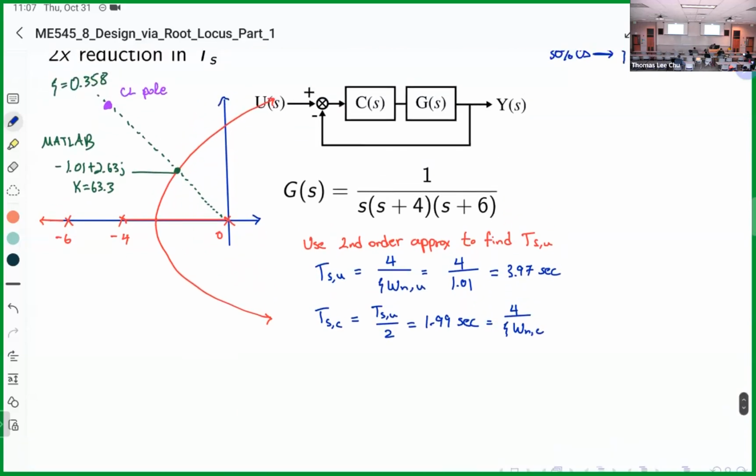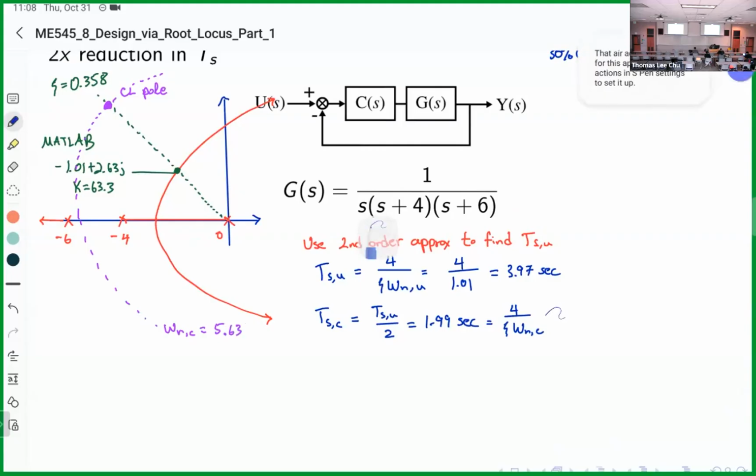And basically, to draw out this radius here is where our natural frequency of the compensated system is going to be, 5.63.